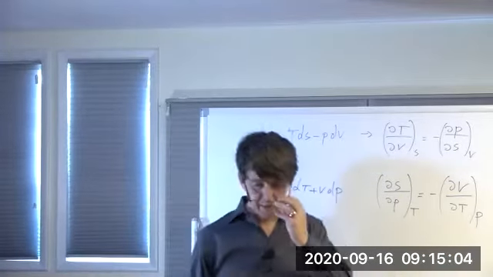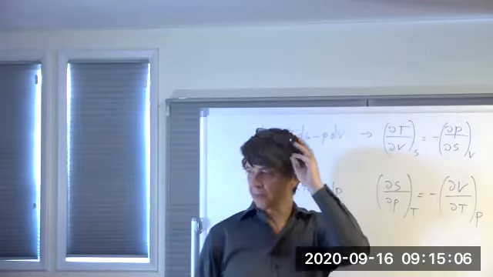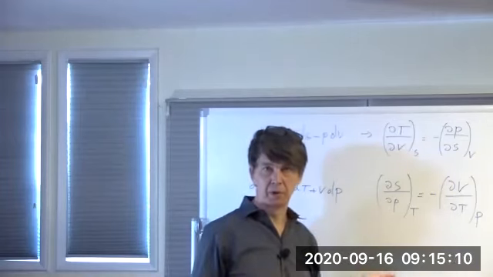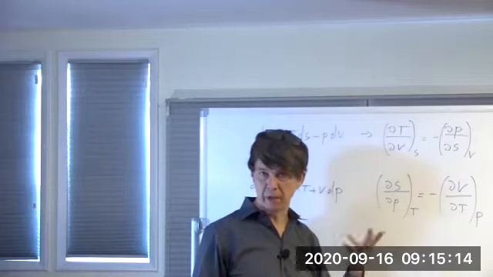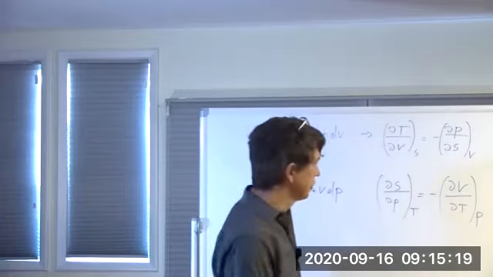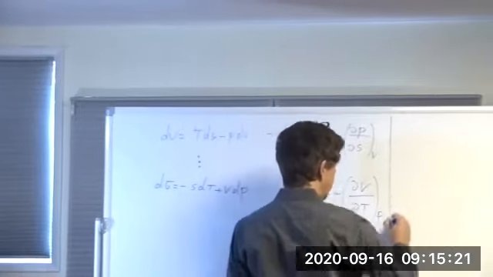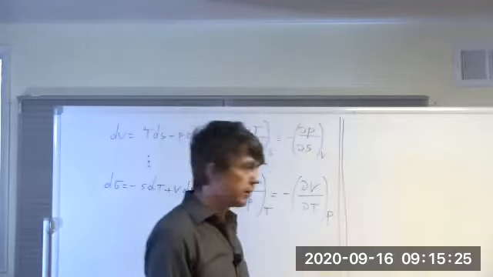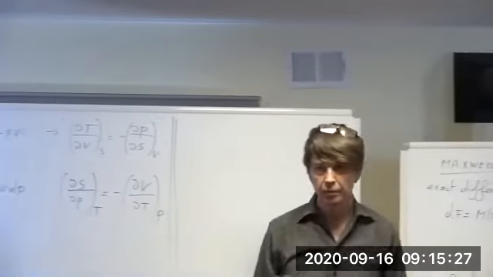In the PowerPoint slides that we put on Piazza, for the four thermodynamic potentials, I put down all the Maxwell relations. So for U, for H, for F, for G. And one thing you should notice is that they're very easy to remember. Here's the way I like to remember them.